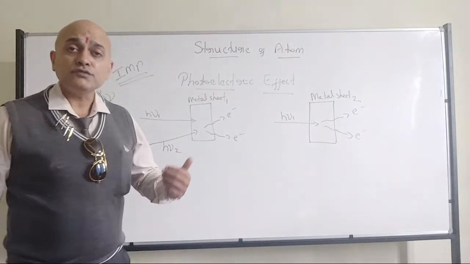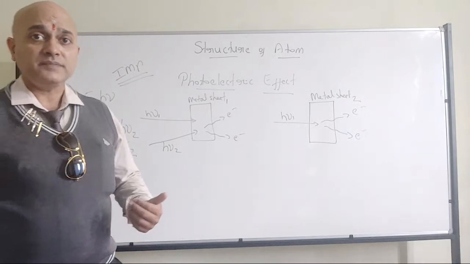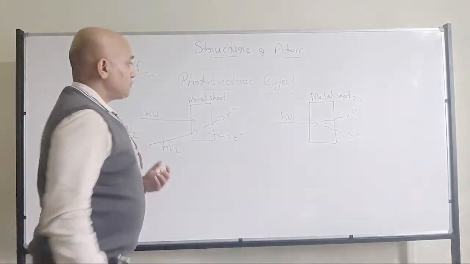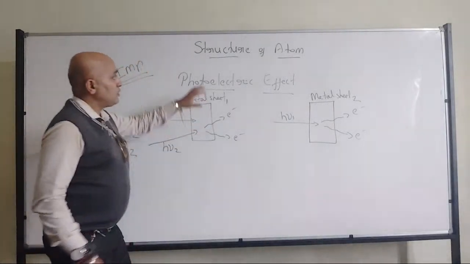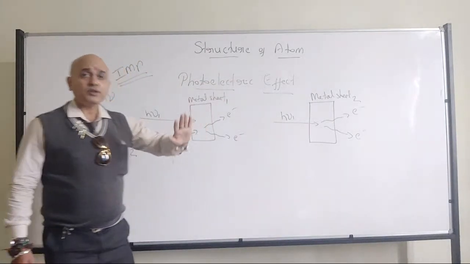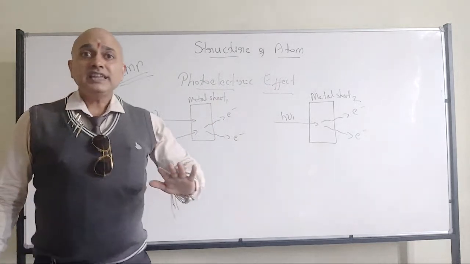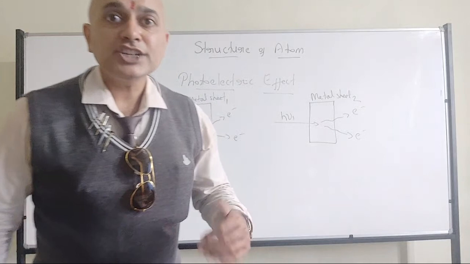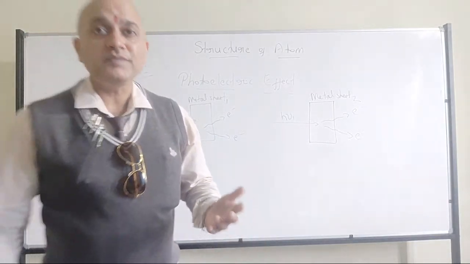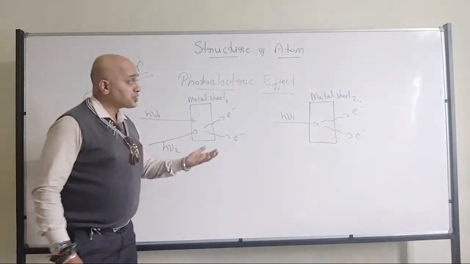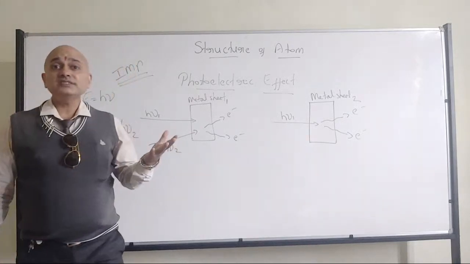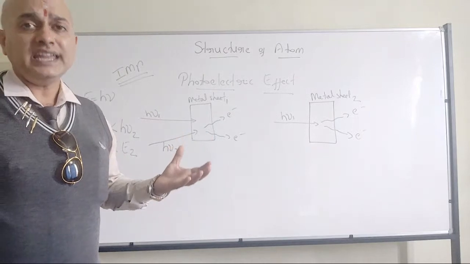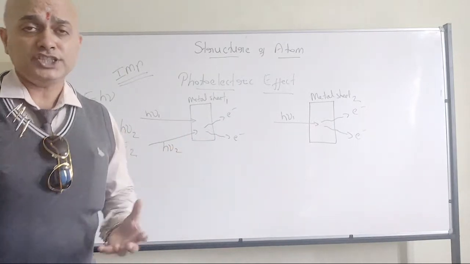So what do you mean by photoelectric effect? Yes, I will explain, children. Photoelectric effect is a process where there will be ejection of electrons from the surface of the metal when they are exposed to energy radiations, or when they are exposed to energy.